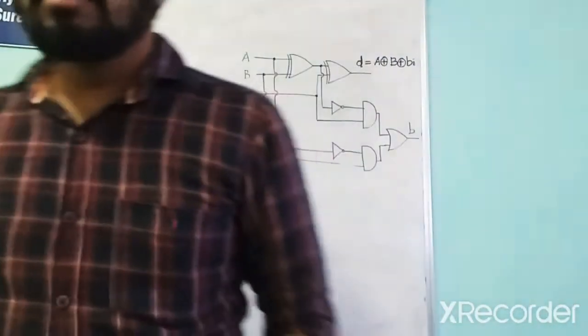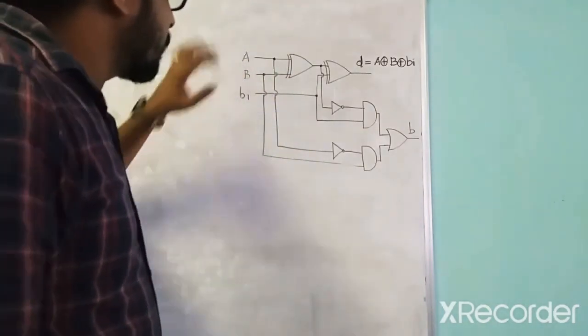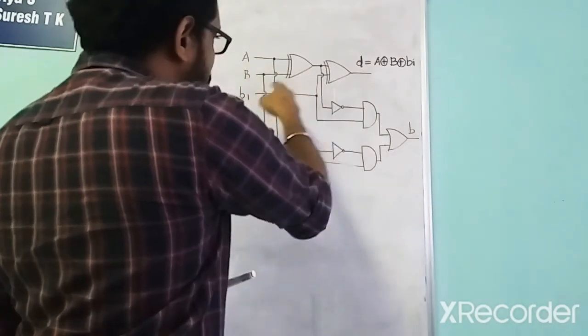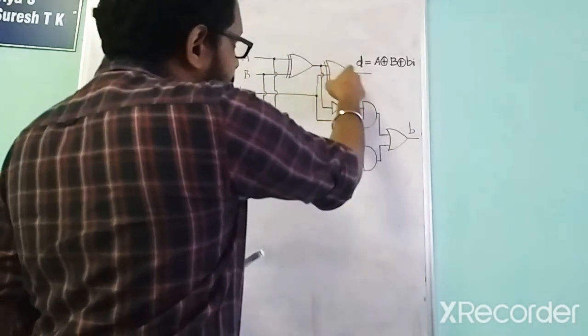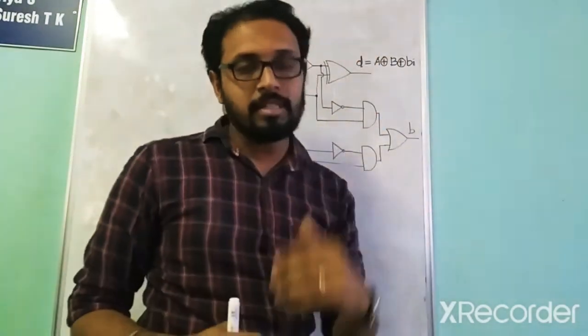And this is the final design. How we obtain this figure: A XOR B XOR Bi is D, that's the difference.